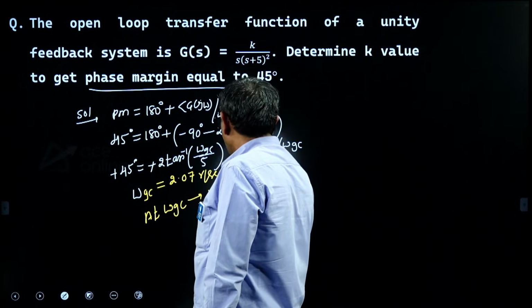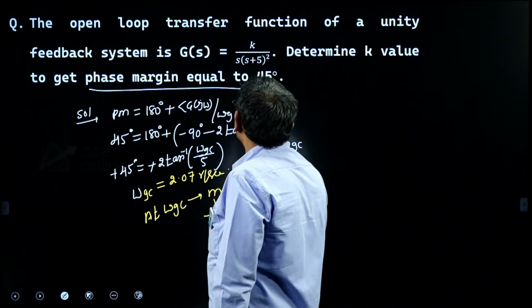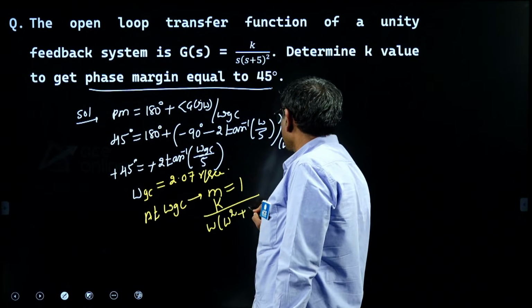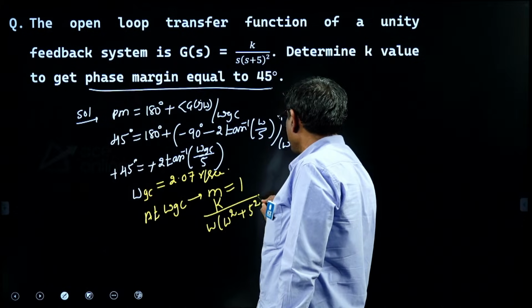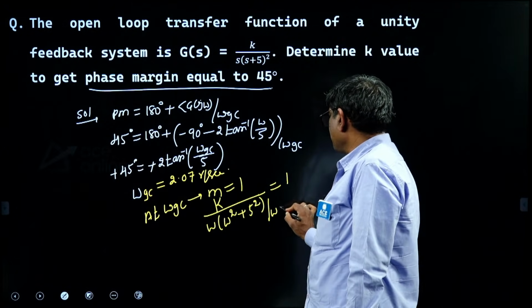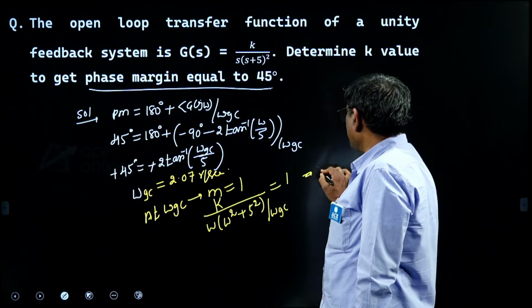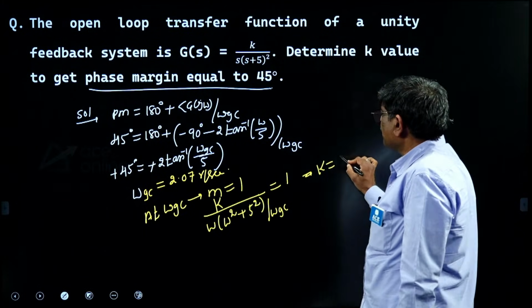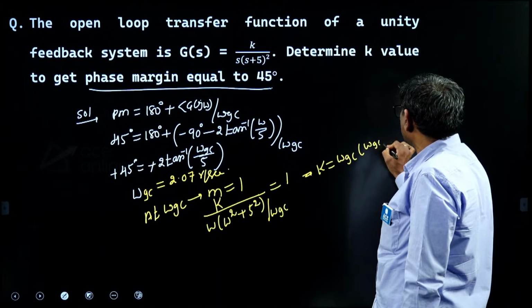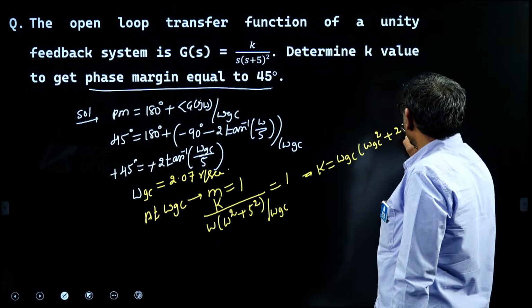magnitude equal to 1. So K by what is the magnitude? Omega into omega square plus 5 square, whole square root, we can avoid, at omega GC. Get the K value. K equal to omega GC into omega GC square plus 25.